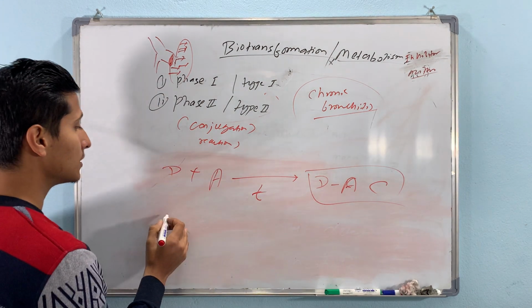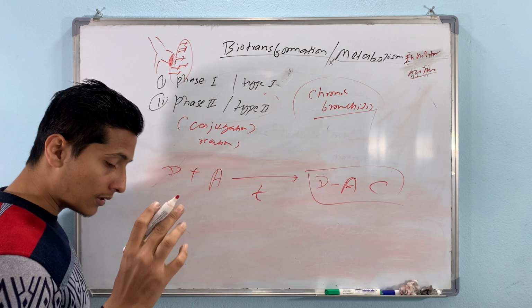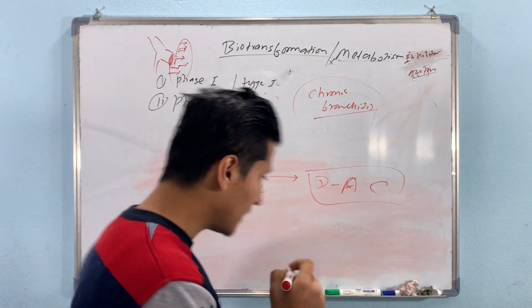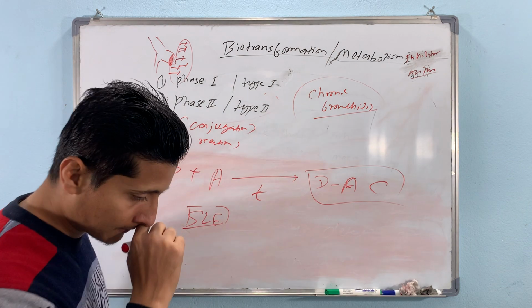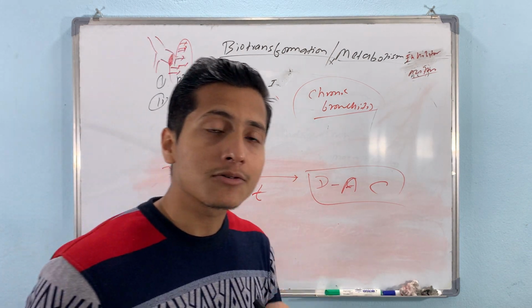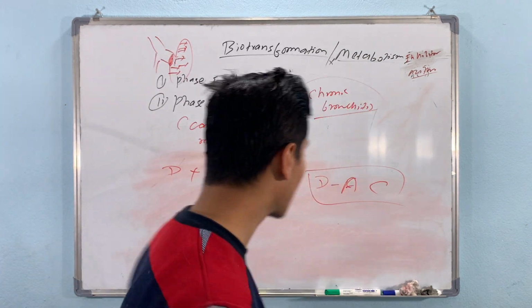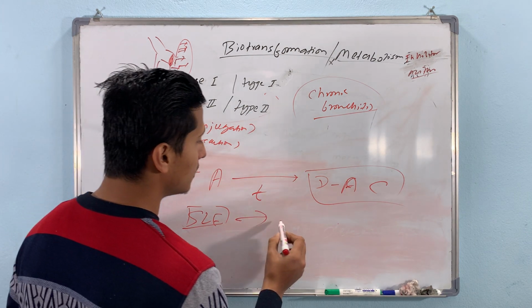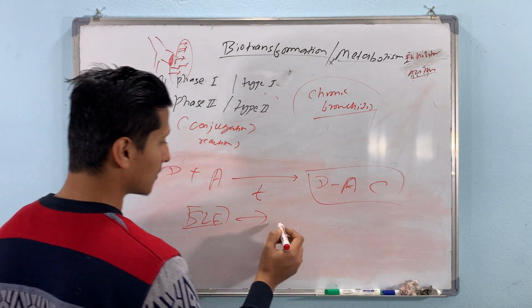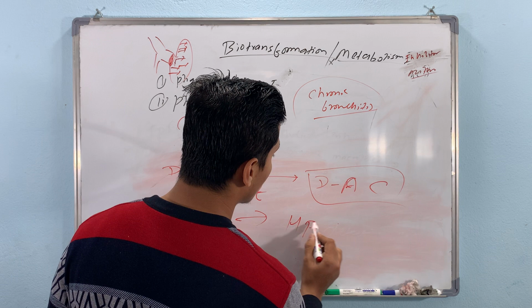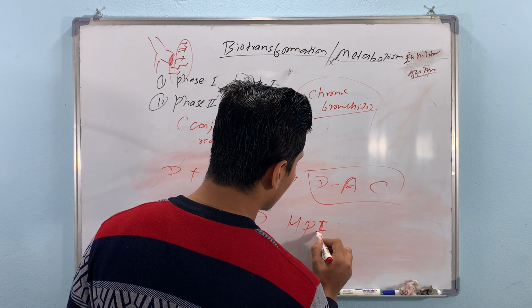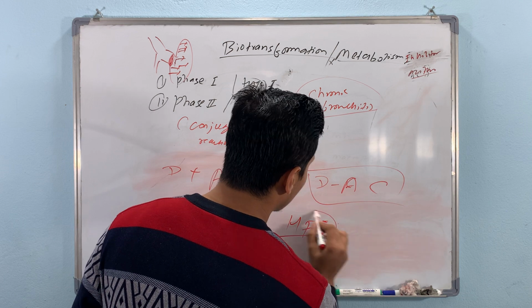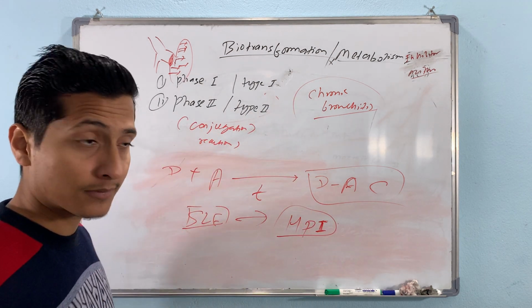There's one important thing that you need to know. SLE, systemic lupus erythematosus, can also be induced by some drugs like hydralazine or procainamide, or it can also be caused by isoniazid, right?